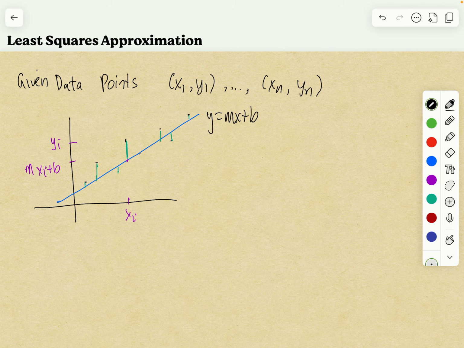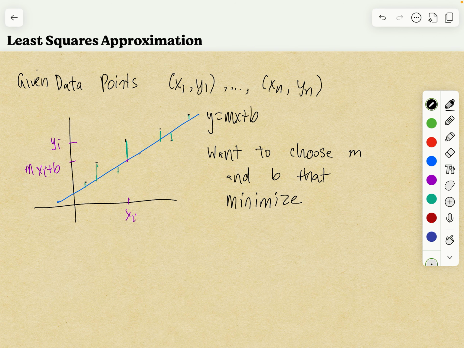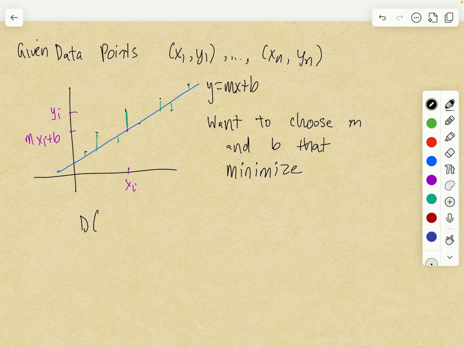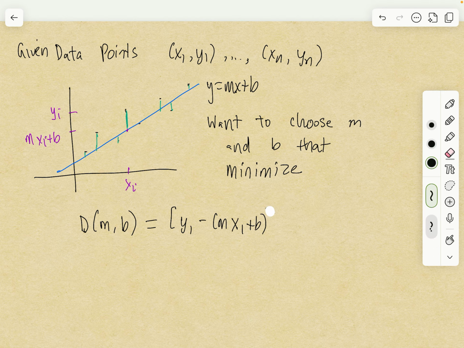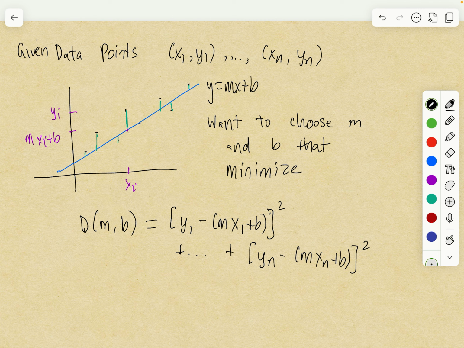So what you want to do is choose m and b that minimize the function, well, it's a function of m and b, and it's (y1 minus (mx1 plus b)) squared plus dot dot dot plus (yn minus (mxn plus b)) squared.